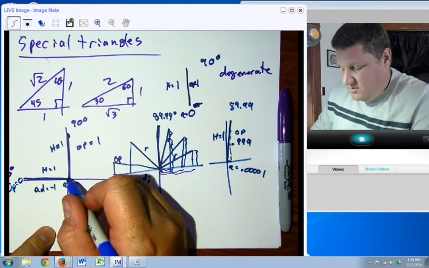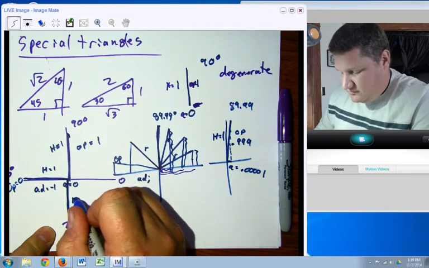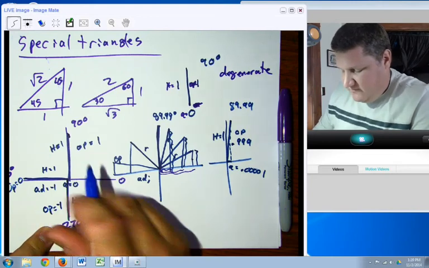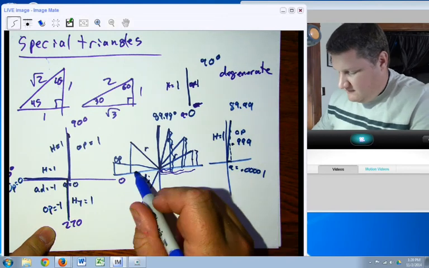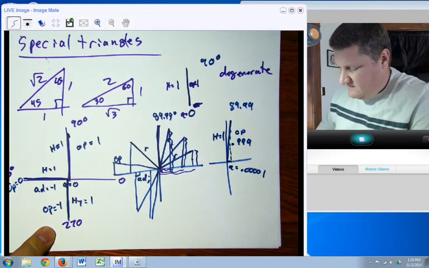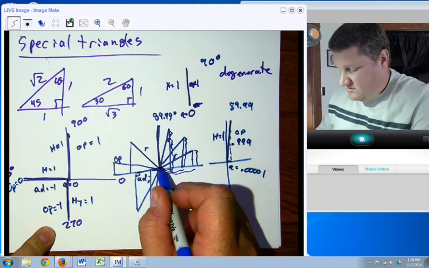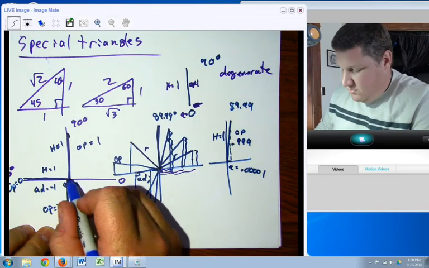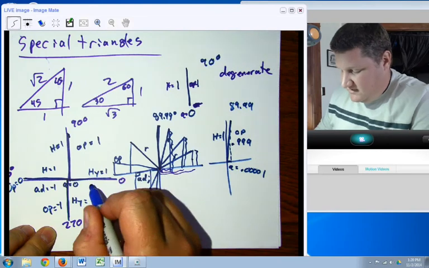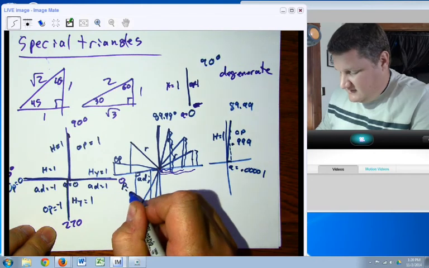Finally, you get down to 270, the hypotenuse is 1, the opposite side is now -1 because it's gotten larger again, because it's stretching, and you end up with the adjacent side getting shorter, 0 again, until you roll all the way around here. The hypotenuse at 0 is 1, the adjacent side is 1, and the opposite side is 0.